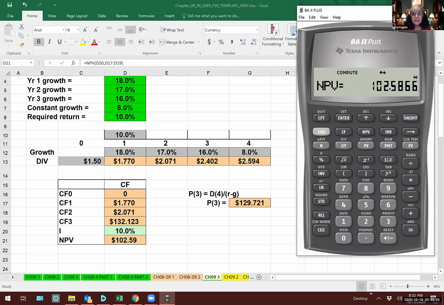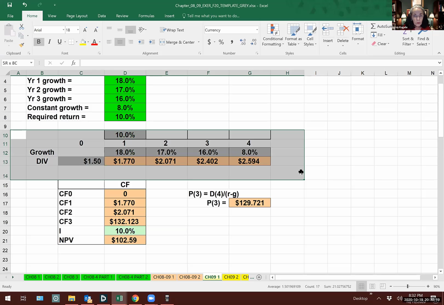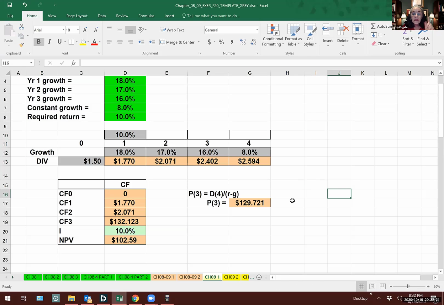So the key to this is, once you get that chart figured out, and the worst problem, where the problem lies, is right out here. You need D4, the first constant growth dividend, to find P3.